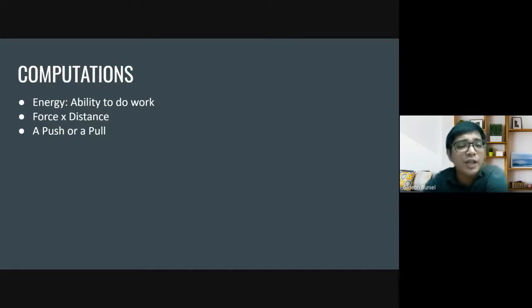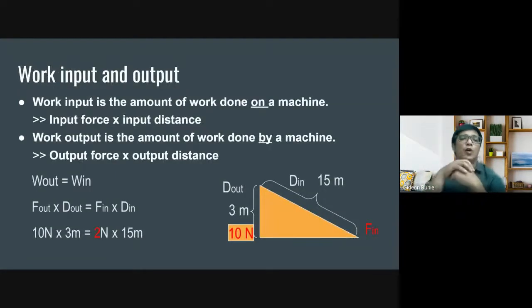Computations. Energy again is the ability to do work. Okay, work is force times distance. Again, W is equal to F, force, times D, distance. That uses a push or a pull for you to have a force applied on a certain object. Now, work input and output.